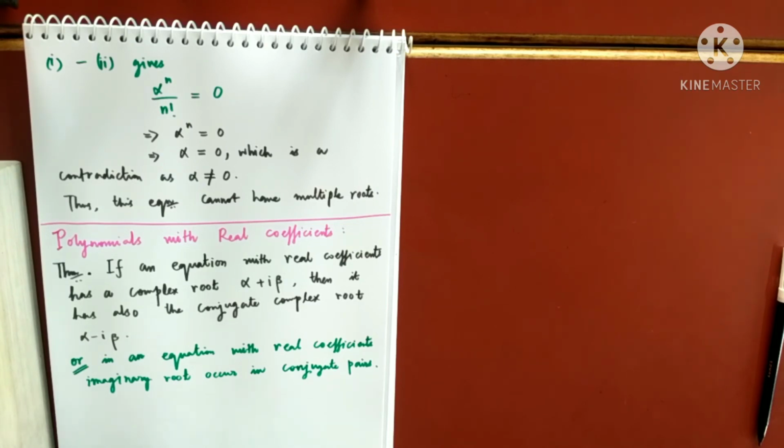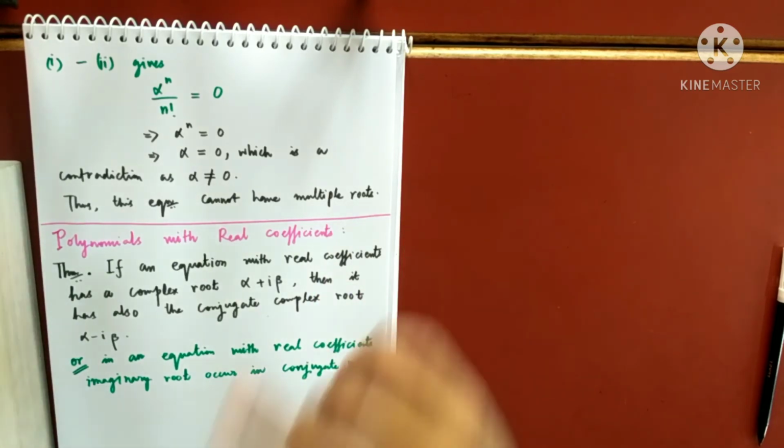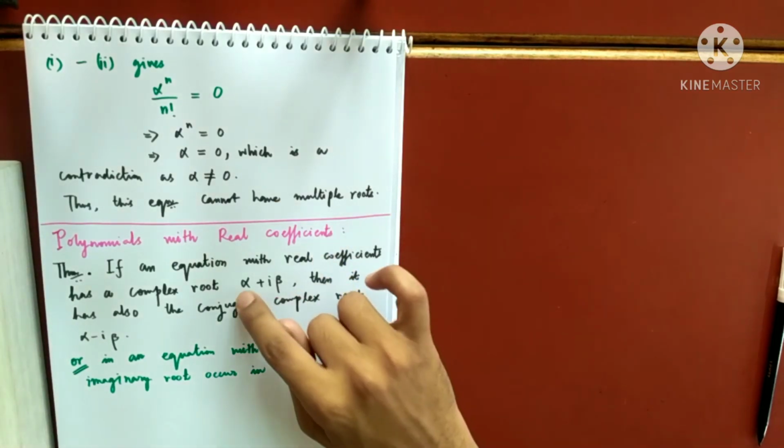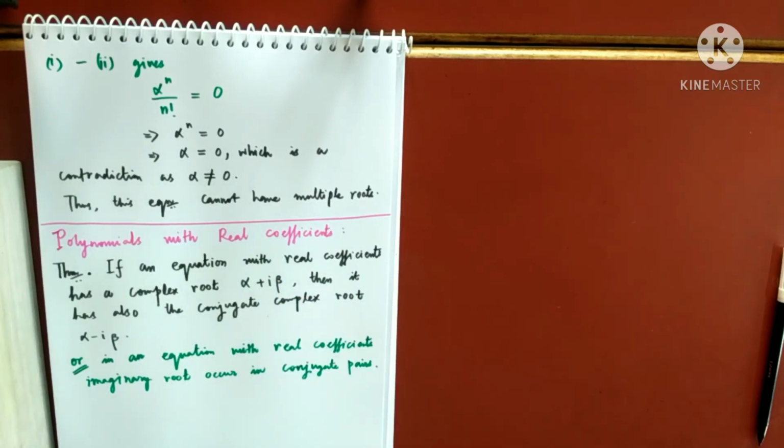So if I tell you to solve this equation given that 1 plus i is its root, keep in mind that 1 minus i is also going to be a root. This is what is guaranteed by this theorem. Just one complex root cannot be there in an equation.